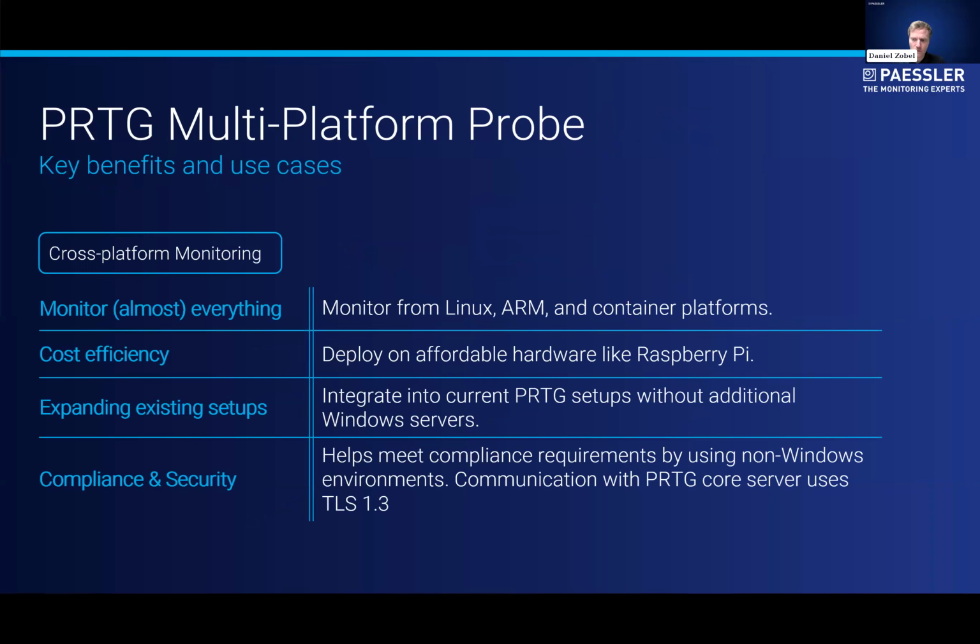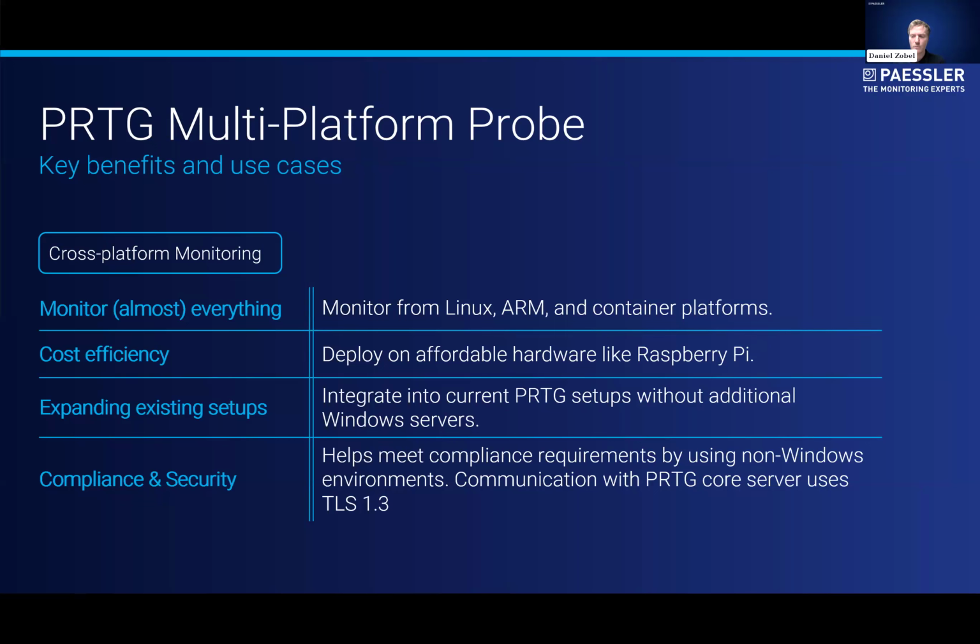For example, you might not have been able to install a Windows server in a remote location before due to regulatory reasons or because company policies didn't allow it, or other reasons. So now with the multi-platform probe, you may be able to reach that part of your network and integrate it into your central monitoring.